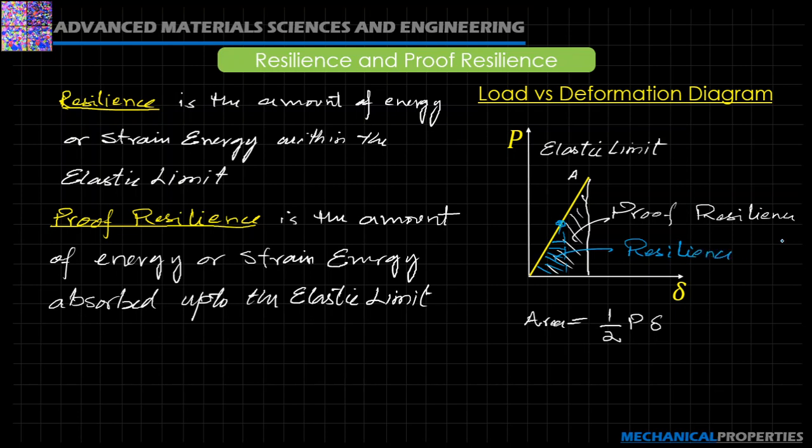So the difference between the resilience and the proof resilience is this: the amount of energy absorbed within the elastic limit at any point would be known as the resilience, and the amount of energy or the strain energy absorbed up to the elastic limit here is going to be the proof resilience.